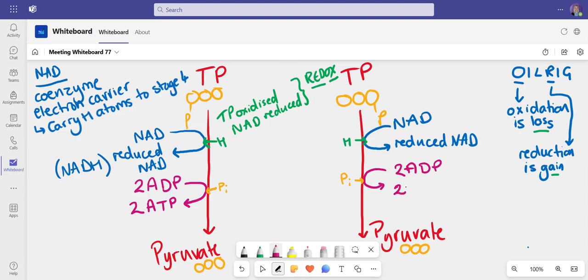So two ADP molecules produce two ATP molecules there. Okay. And then that produces our pyruvate molecules, which are the first step of the next stage.